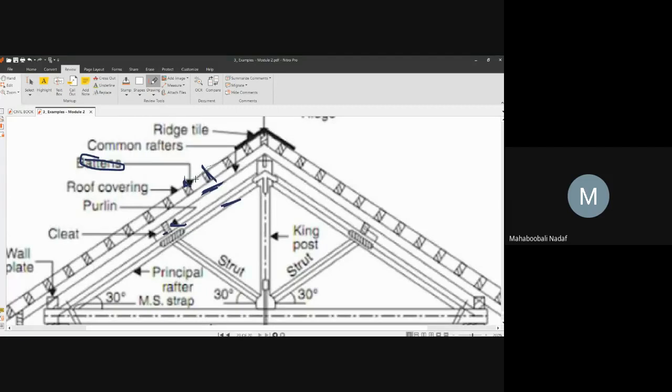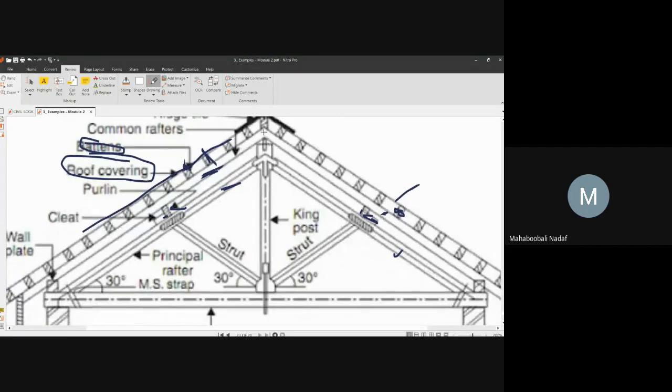What is this line? Roof covering. Are you understanding this point? Principal rafter, purlin, cleat, common rafter, battens. Above this you have roof covering.